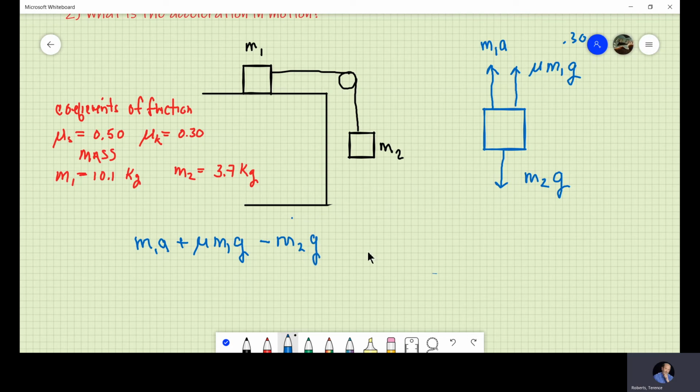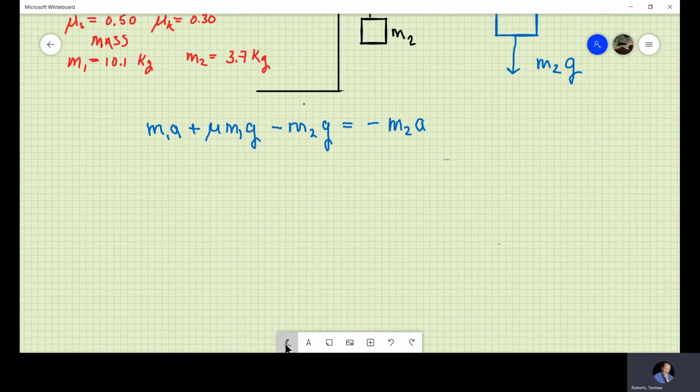So all these together must equal an acceleration, and the acceleration is on mass 2. So it must be equal to M2A.